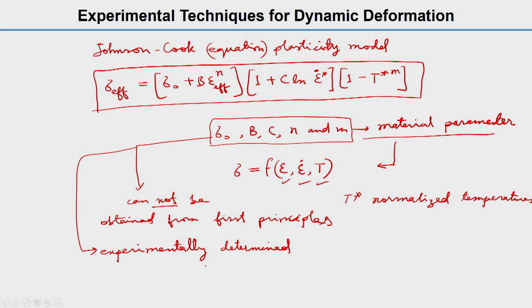We should take care of that. Different materials behave differently, so we need to do some experiments, let's say split Hopkinson pressure bar, and see the response of the material, how it deforms at different strain rates. From that we can get these material parameters out, and then use those parameters in computational codes, and get the correct predictions, or at least approximate the predictions, of the material behavior from the computational code.